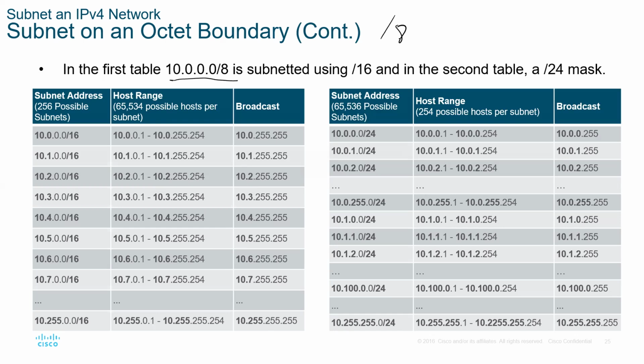That is the initial network that you get from an ISP. You get this network, then you are tasked to subnet it using /16. What it means is, instead of using /8, we are saying use /16, and that is what subnetting is.